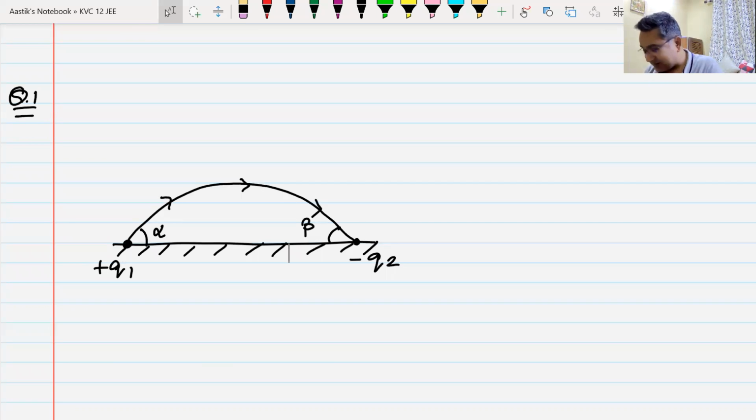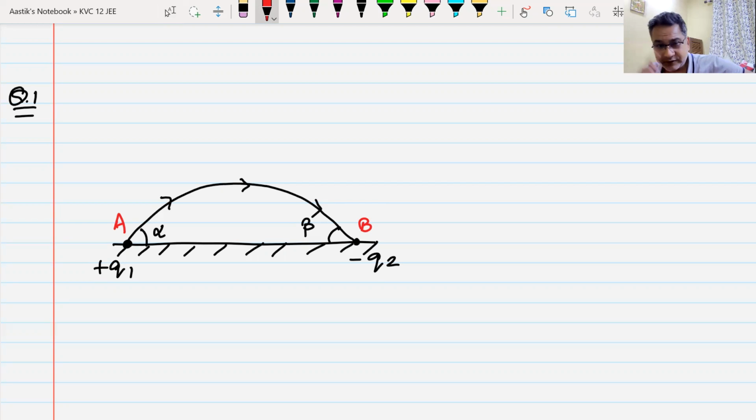So the way of solving this problem is, if you call this point A and this point B. Now, at point A, the line from Q1 will make an angle alpha, yes or no?